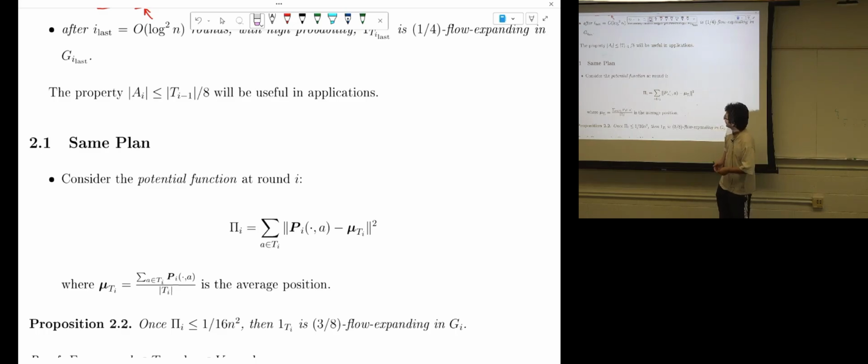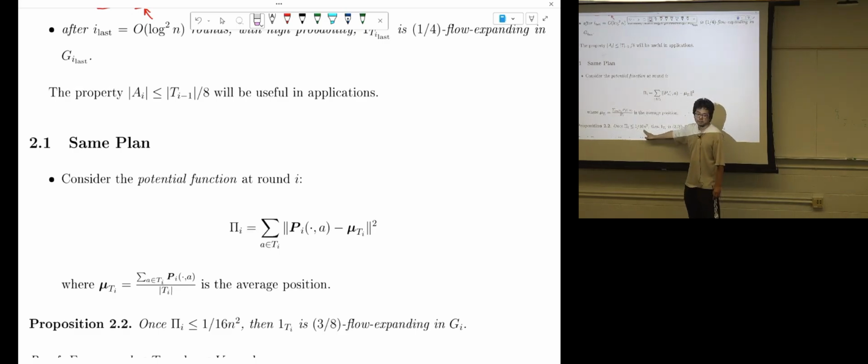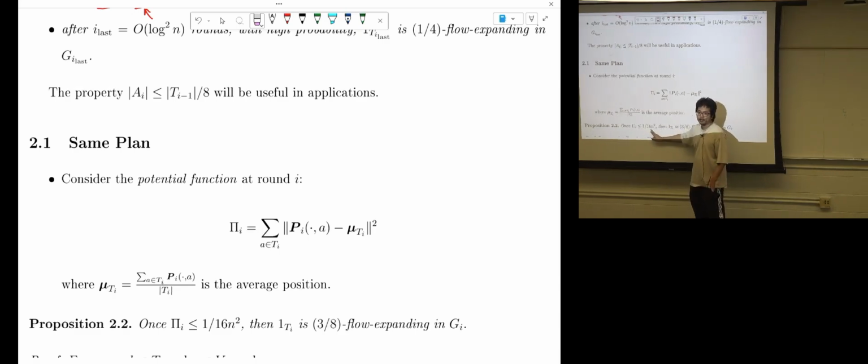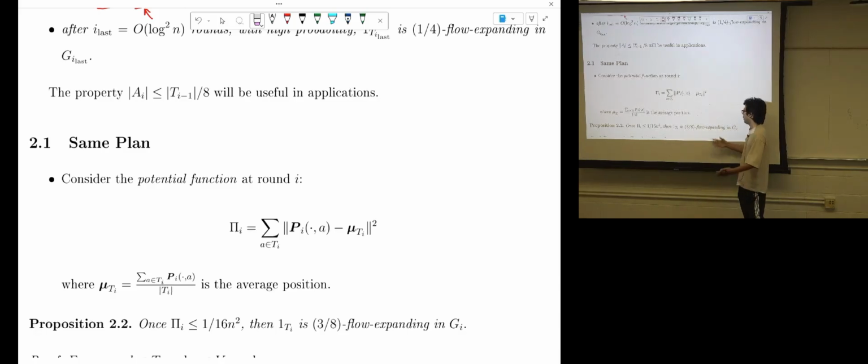Okay. Good. So this is similar to what we have before, and we're going to say essentially the same thing: if this potential is close to 0, then we are done. Then the active set is slow expanding.